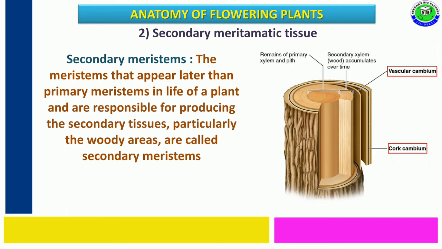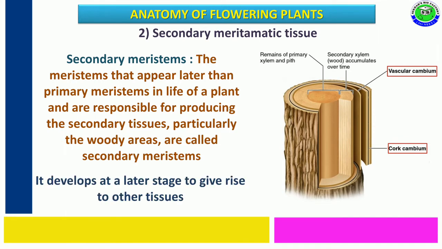Where woody parts are present in the plant body, a new meristematic tissue can develop, called secondary meristematic tissue, like vascular cambium present in vascular bundles and cork cambium present in the cortex.